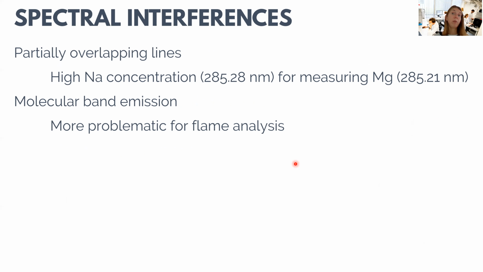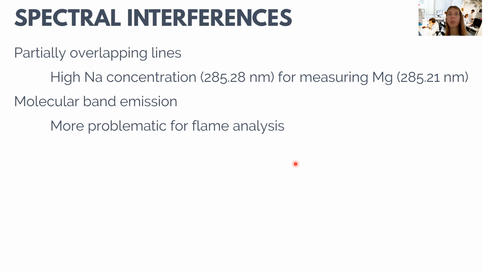So one of the types of the blank interferences are spectral interferences. These are interferences that come from other species present in the atomizer that also emit light and are not analyte. So this means that if we would be able to create the perfect blank that would contain everything present in the sample but the analyte, then we would be able to account for this. Some of the examples incorporate measuring one element where a line of another element is relatively close.